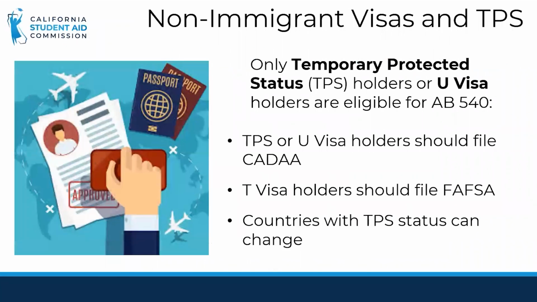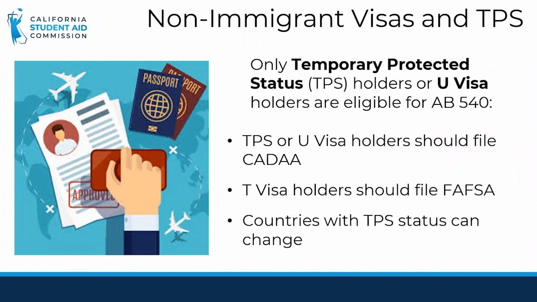Now, a lot of times you get questions about visas and different kinds of visas. Generally speaking, only the temporary protected status or the U visa will allow students to complete the California DREAM Act application, or the CADA. There are all different kinds of non-immigrant visas.